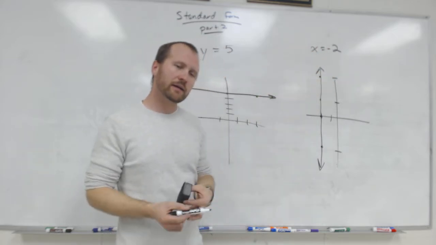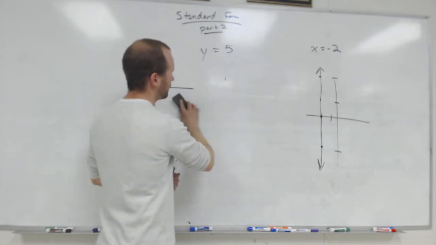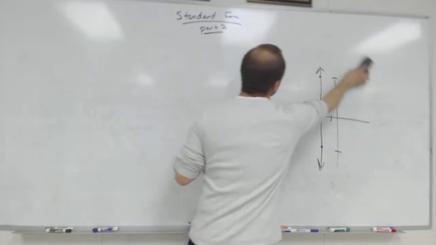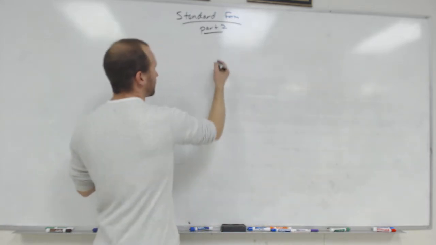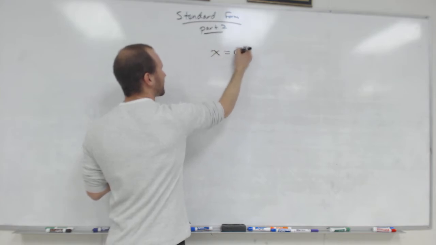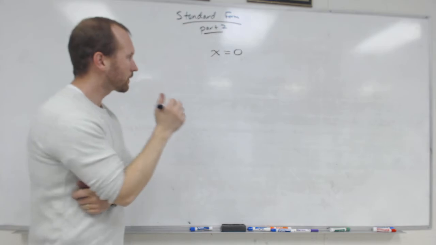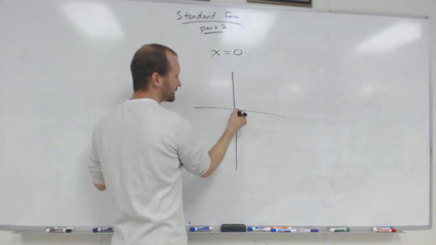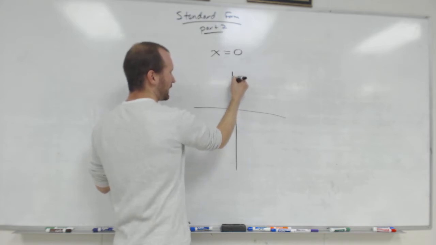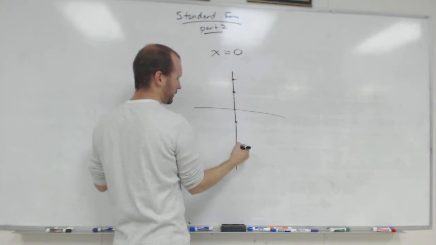Now what if I had x equals 0? What would that look like? Where would it be? Straight up on the line. x is 0 right here, and it doesn't matter what y is, x always has to be 0.